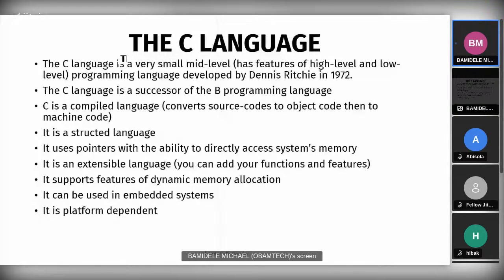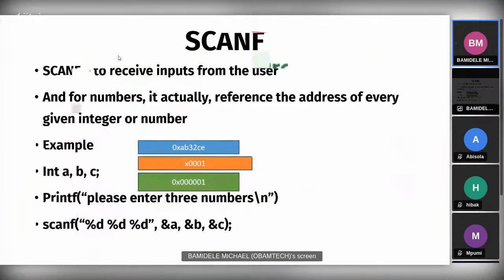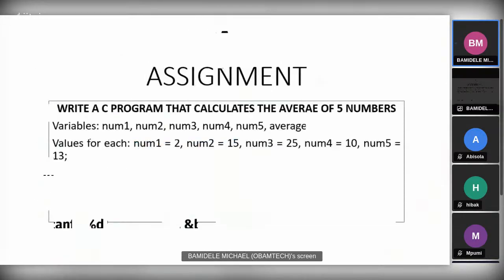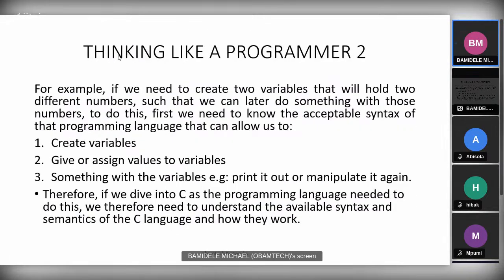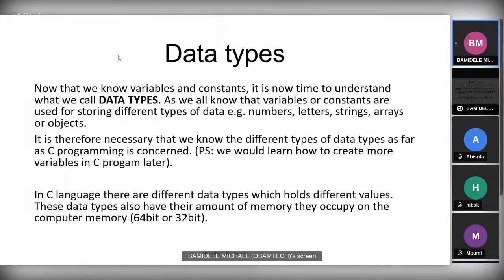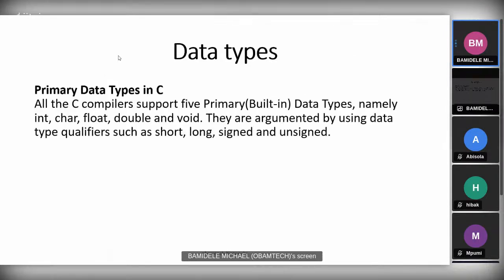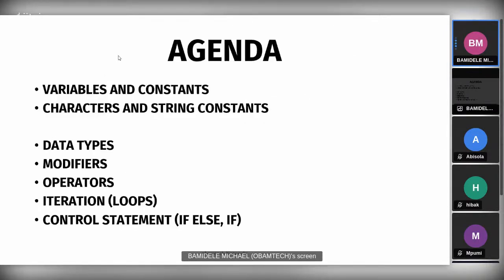As you can see, the structure of the C program. We've talked about scanf, just a brief on that. There's something called scanf, something called printf. Okay, we talked about variables and constants. We've talked about data types. The different types of all of this information are very, very necessary.